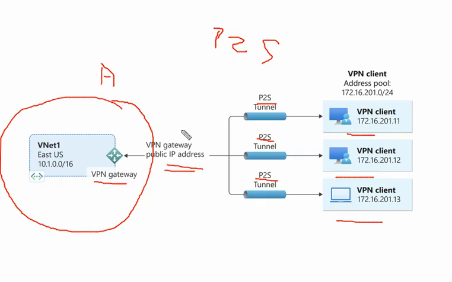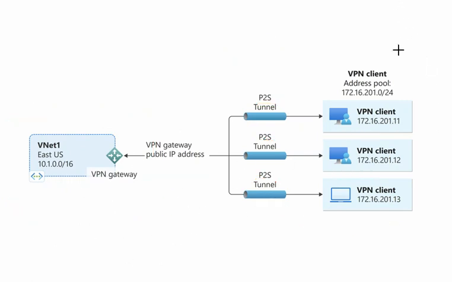So this is how it looks. This is the scenario when our employees are working from remote locations, on different locations, and the VPN client can be installed on their desktops or laptops, and they can directly access our VMs in VNet1.